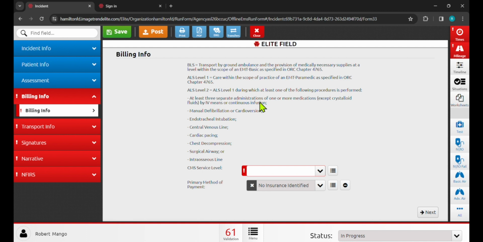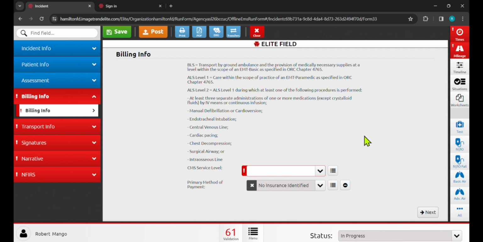I'm sorry, excuse me, I'm incorrect. This means IV administration of meds. So let's say maybe we give them 2 vials of Narcan on an overdose, and then they get IV Zofran afterwards. That is now an ALS2 run.